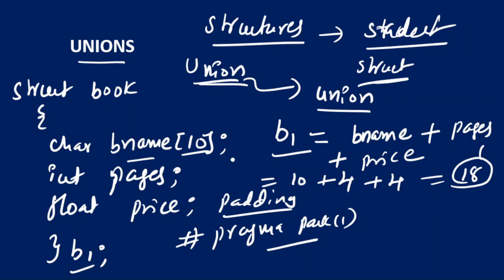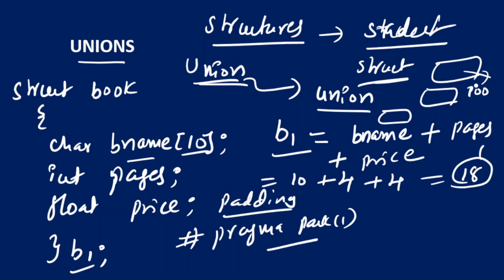That means the variable b1 is going to take the total amount of memory which is occupied by all the data members. That means individually how many memory locations are reserved or allocated? 3 memory locations. One is for book name, another one is for pages, and the last one is for price. So every memory location has its own address.